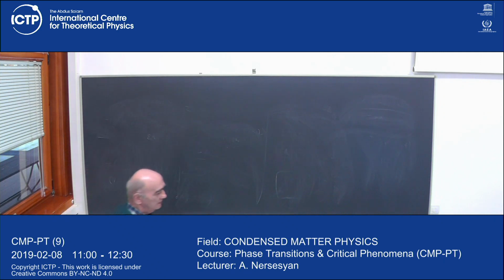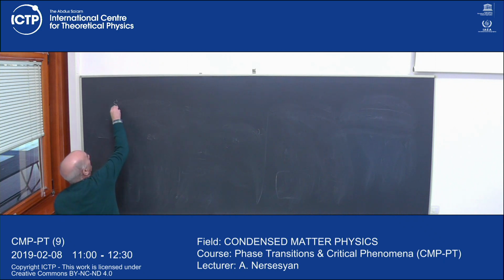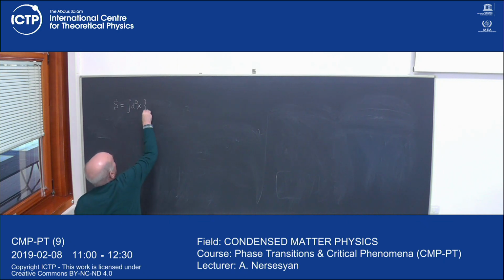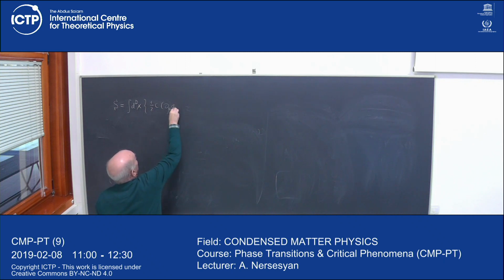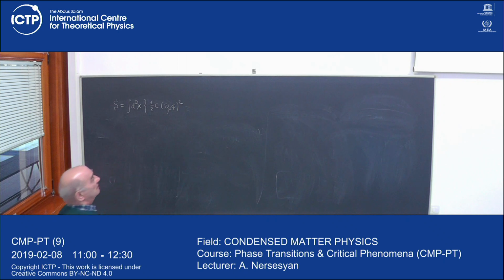Now imagine in your memory what the Ising model was about. The Ising model was about the following action. It was the integral over d-dimensional space. Here we have a gradient term, which I will write down something like d mu phi. So it's an Ising-like story. Phi is a scalar field which mimics the spin, the Ising spin.